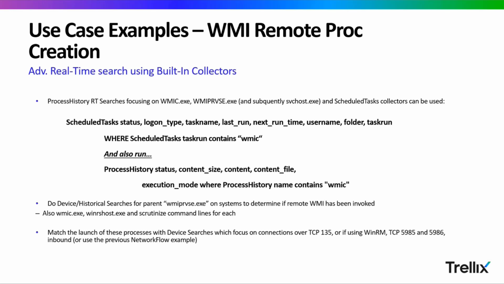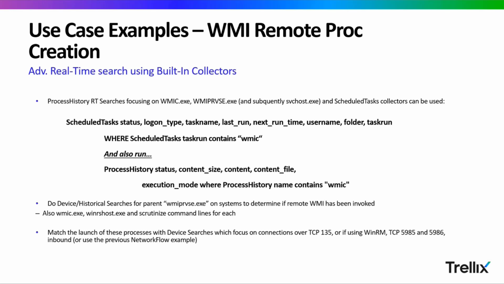And of course, process history is yet another policy that you can enable within your EDR client policy on ePO that stores a longer cache of information than what could be gathered in real time. So in that case, if you do have that turned on, you can see if the WMI, for example, or WMIC in this case, or any of the components in WMI have been launched within that cache.